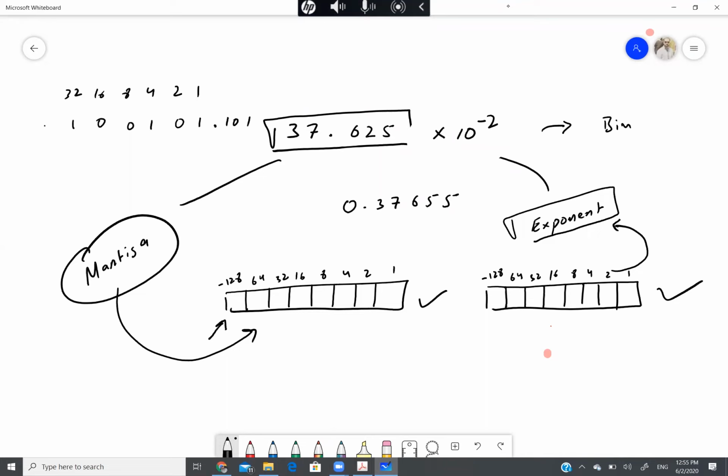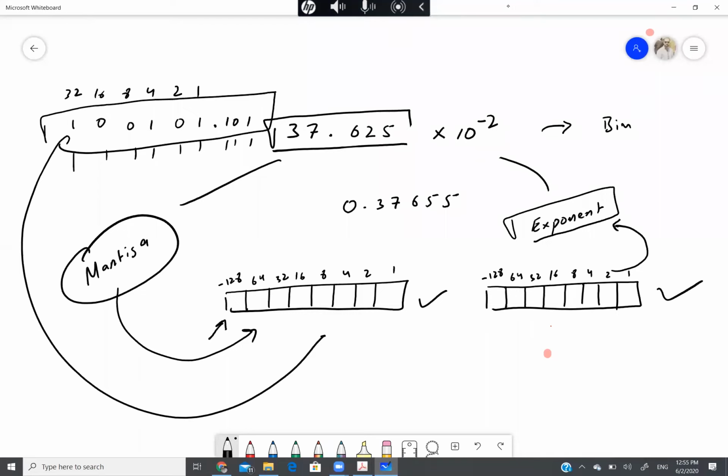This is the whole number: 1, 2, 3, 4, 5, 6, 7, 8, 9. This 8-bit register is smaller than that. So let us pick another number from the past papers and try to solve that, because right now I cannot represent this number here. It's just a bigger number. And then there is the concept of the decimal portion as well.